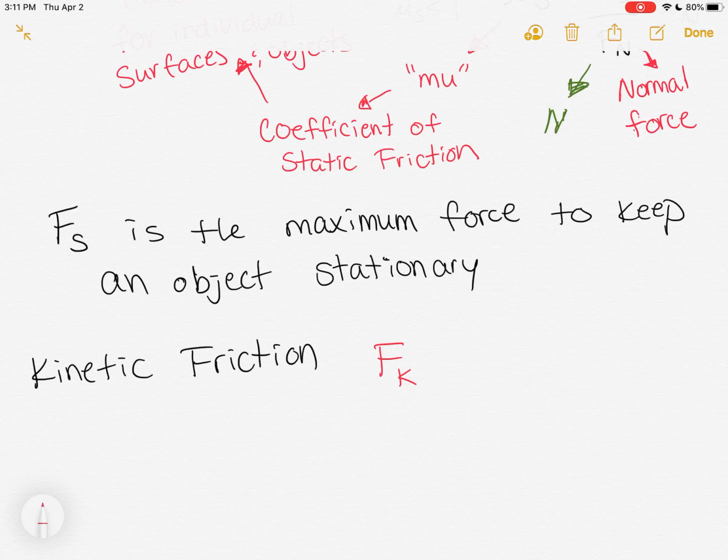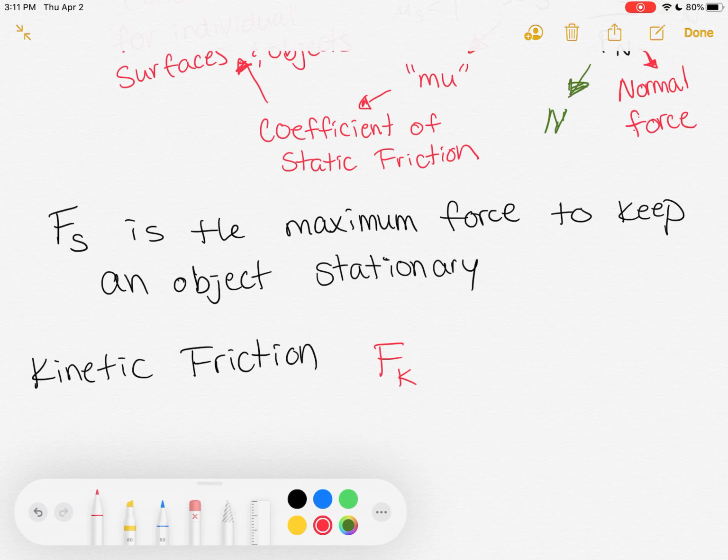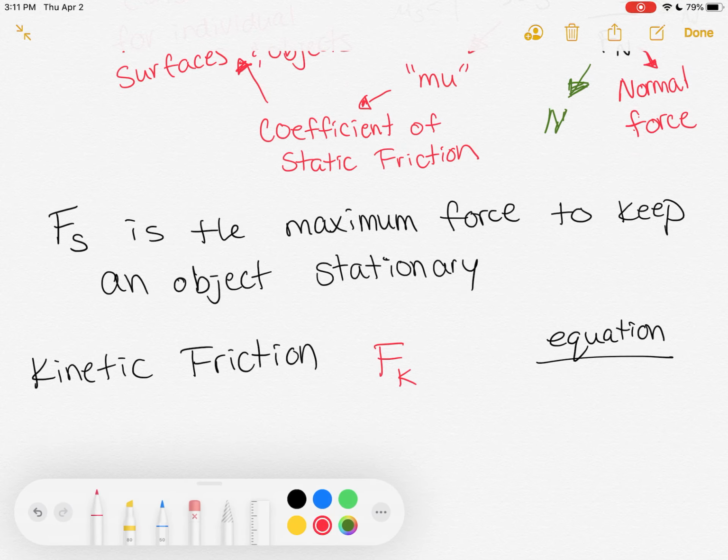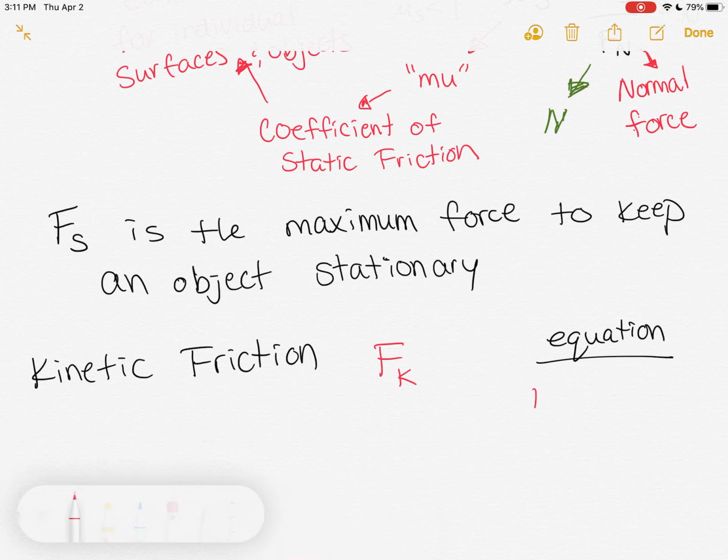And it's brought to you by FK. It also has an equation, and its equation is going to look similar. So our equation for FK is that FK is equal to mu K Fn. And we can rearrange that.